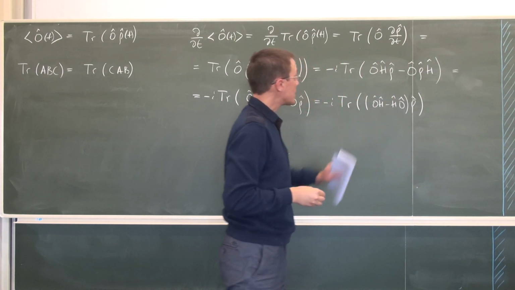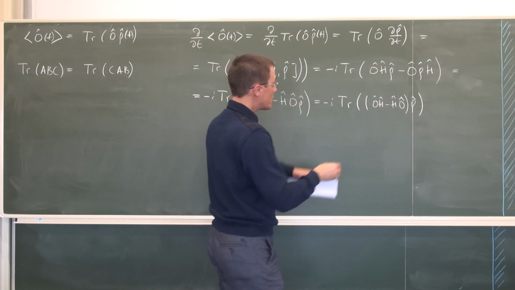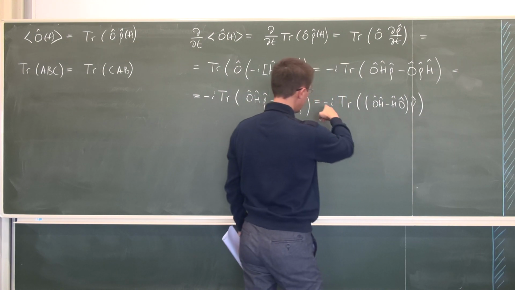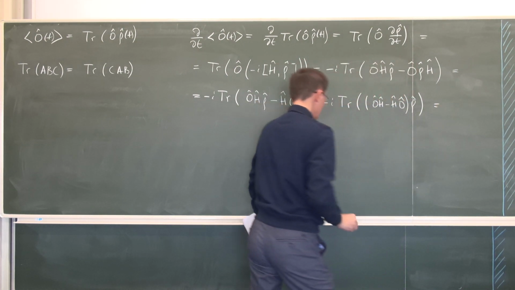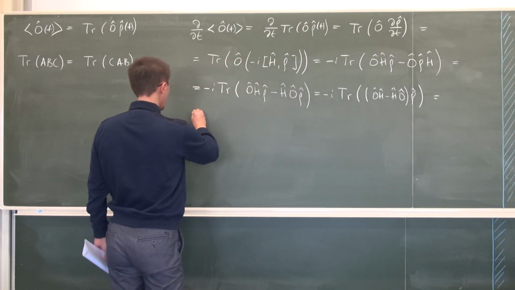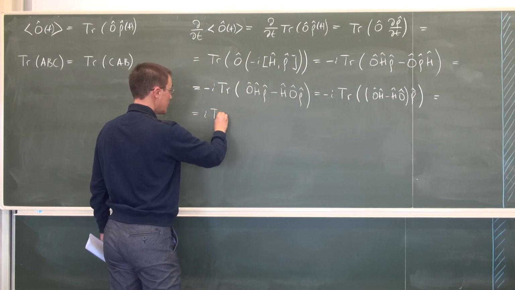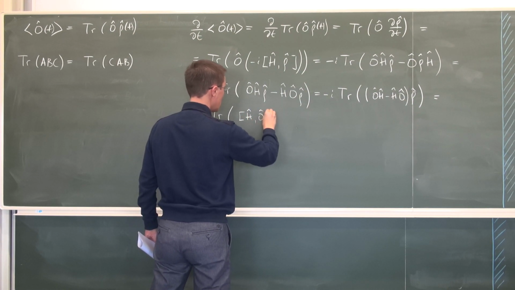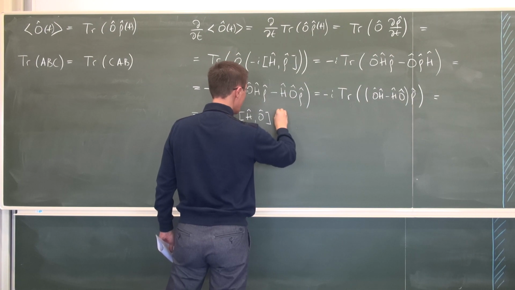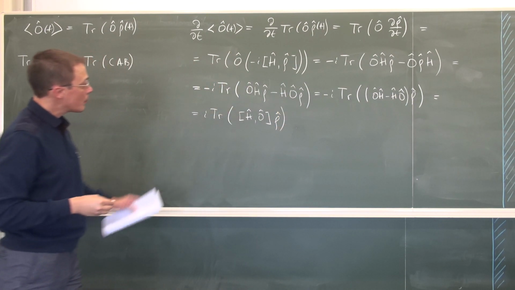And we can recognize a commutator here. What I'll do is I'll swap this commutator around and I'll remove this minus to make it a commutator H O. So what we have is i trace of the commutator H with O times rho. And see what we've arrived at.